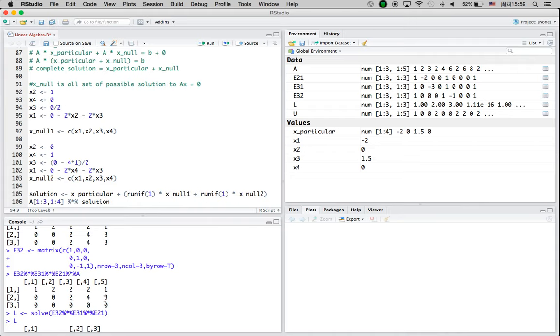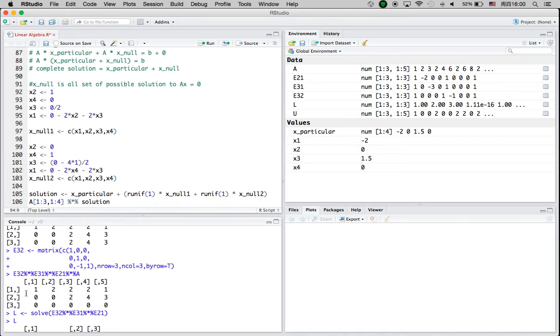We disregard the fifth column, since right now we want to calculate Ax equal to 0, not Ax equal to b anymore. So we have 0 plus 0 plus 2 times x3 plus 4 times x4 equal to 0. So x3 should be 0 divided by 2, so it should be 0.